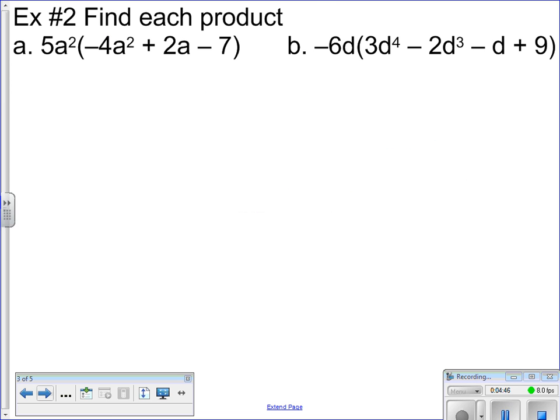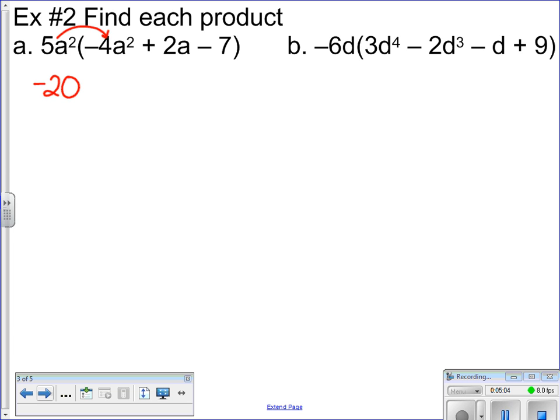All right, here are 2 problems that you're to try. So you should pause here and see if you get these right on your own. All right, distributive property. 5 times negative 4 is negative 20.